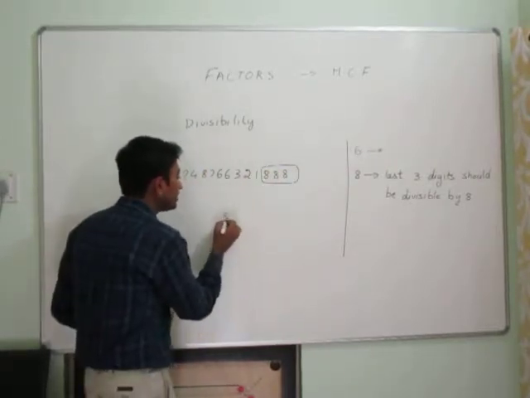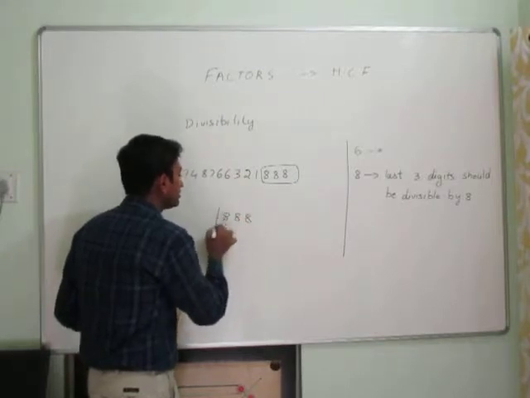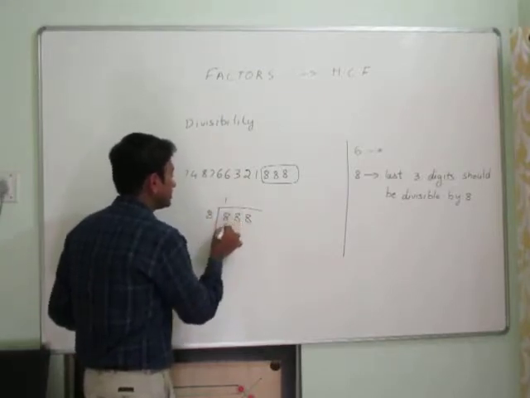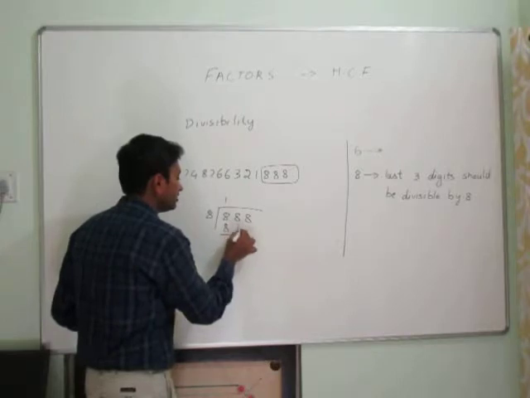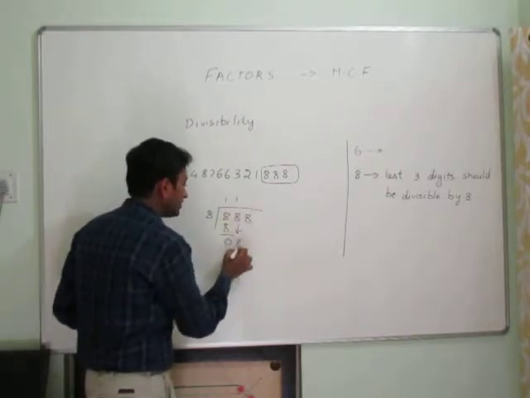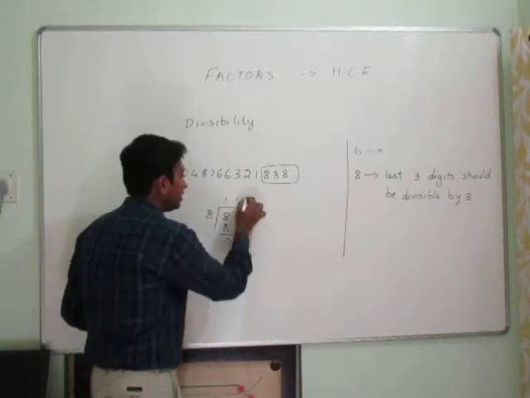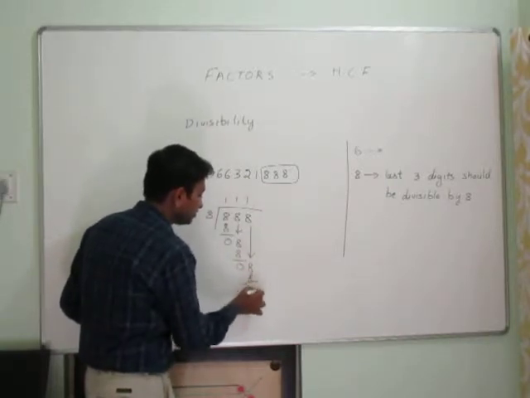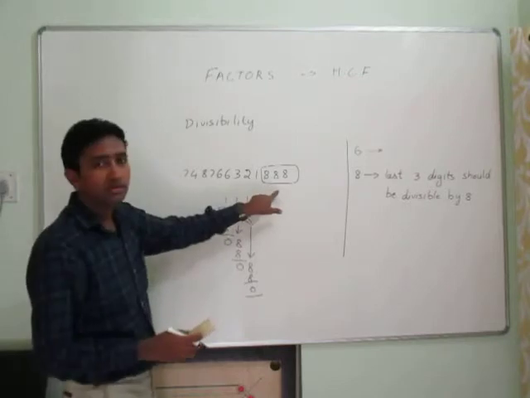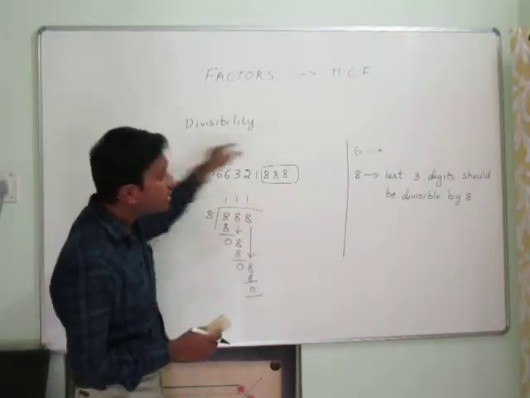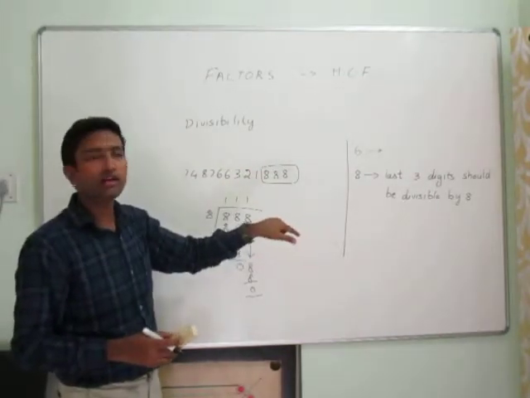Check whether it is divisible by 8 or not. Yes, it is. Because 8 ones are 8, 0, take this down. Again 8 ones are 8, 0, take this down. 8 ones are 8, 0. So it is divisible by 8. So the entire number will also be divisible by 8.